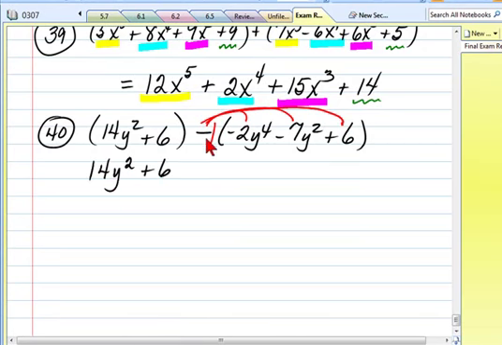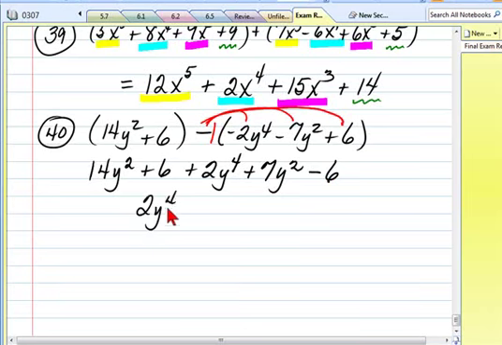Negative 1 times negative 2 gives me positive 2y to the fourth. Negative 1 times negative 7 gives me positive 7y to the second. Negative 1 times positive 6 gives me negative 6. I'd like to put these in descending order from the high power to the low power. The high power is 2y to the fourth.